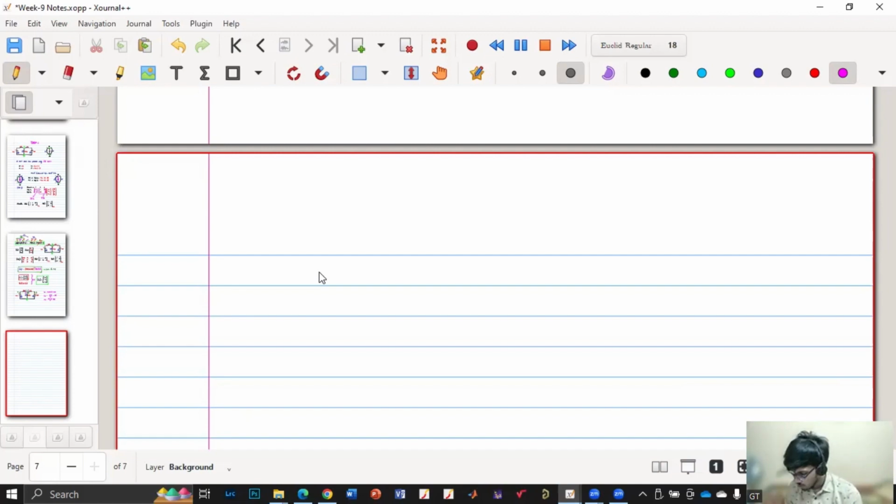Now we will do circuit analysis with dependent sources. If you have any doubts, you can ask. Circuit analysis with dependent sources.